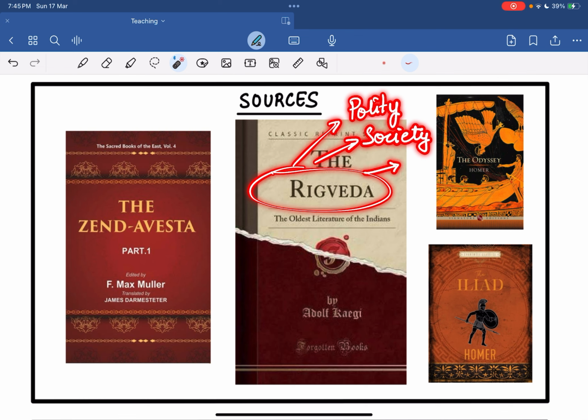It directly talks about the religion, the assemblies that took place during the early Vedic period, and also the economy.